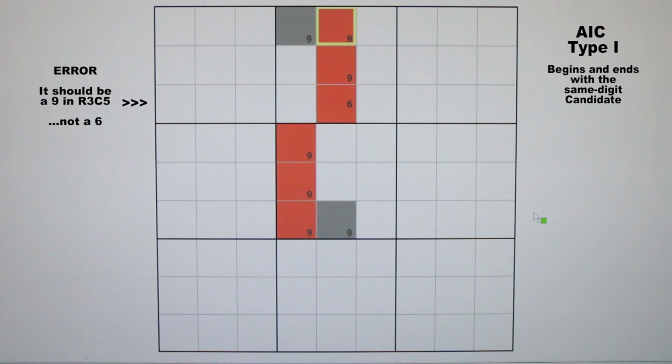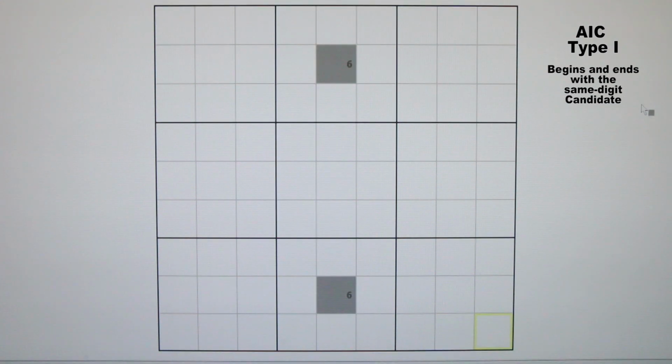And then lastly, there is an odd situation where both endpoints of your AIC can lie in the same house. And believe me, this is possible. This 6 could be connected by a strong link to another 6 in this row outside the block, and this 6 could be connected to a 6 that's either diagonal or off to the left.